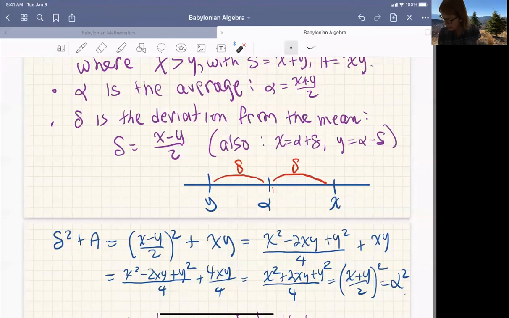So here I had a minus 2xy over 4 plus 4xy becomes a plus 2xy. But notice that this numerator is now just x plus y squared. The denominator is 2 squared. So this simplifies to x plus y over 2 squared, which is just alpha squared.